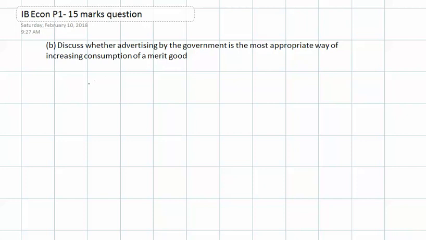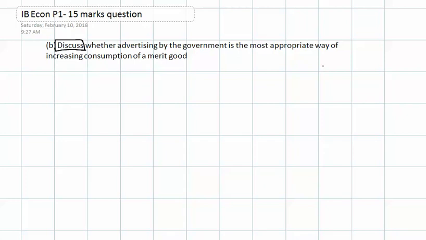In the 15 marks question, there are certain keywords that are repeated a lot. There is evaluate, which requires a judgment, and there's discussion, which requires discussion of different impacts or different points of view or different stakeholders being affected.